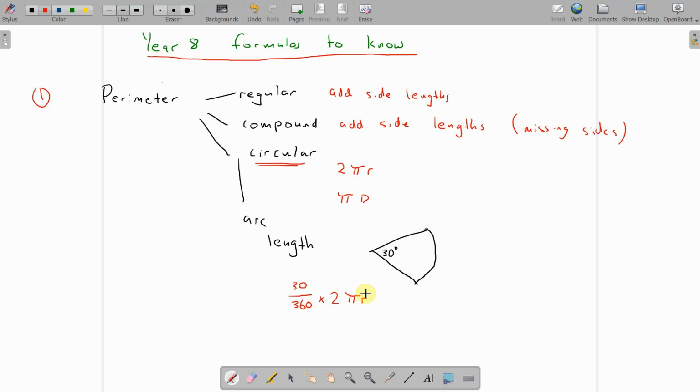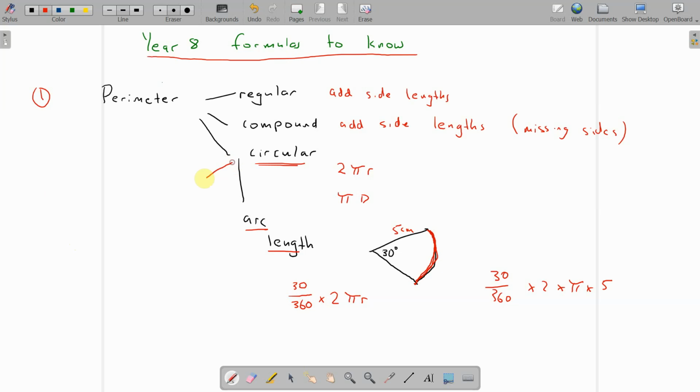So when you plug in what r equals, let's say your radius is 5 centimetres, you'd have 30 over 360, which you can simplify, times 2 times pi times 5. So when you've got a section of a circle and it says find the arc length, that's this part only. Use the angle to form a fraction, and then 2 times pi times the radius.